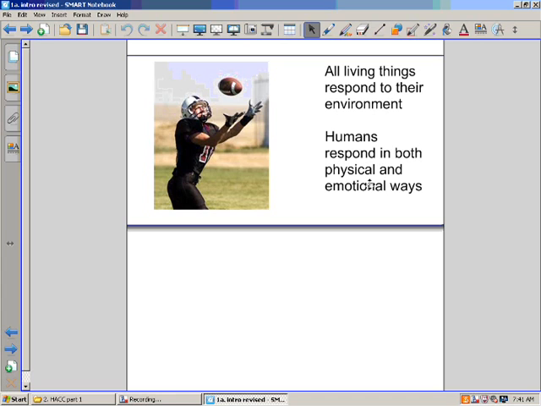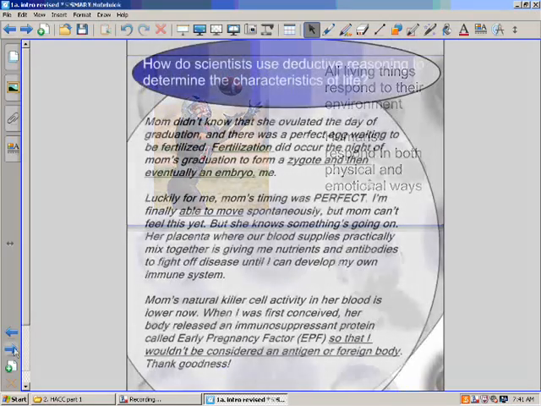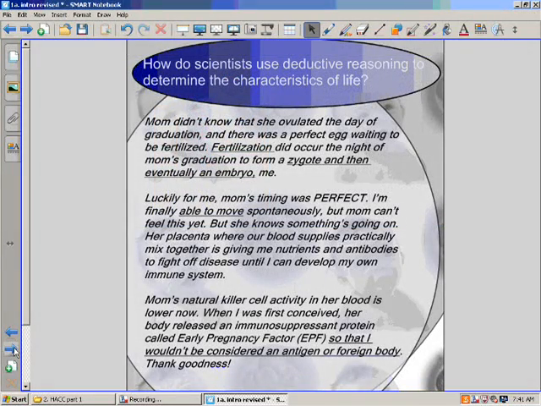So, characteristics of life. Mom didn't know that she had ovulated the day of graduation, and there was a perfect egg waiting to be fertilized. Fertilization did occur the night of Mom's graduation to form a zygote and then eventually an embryo, me. Lucky for me, Mom's timing was perfect, and I'm finally able to move spontaneously. But Mom can't feel this yet.